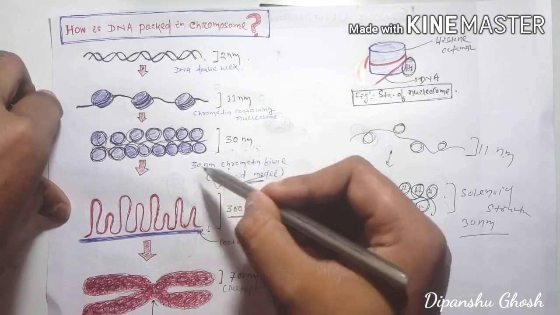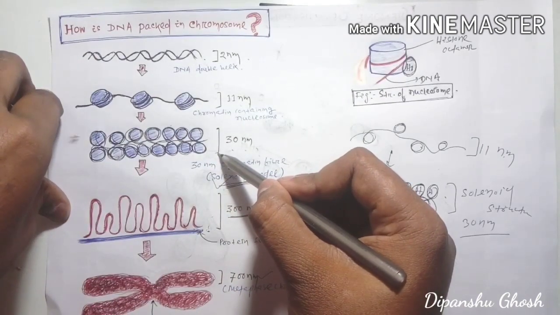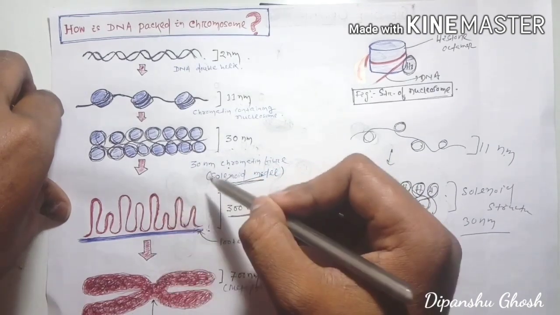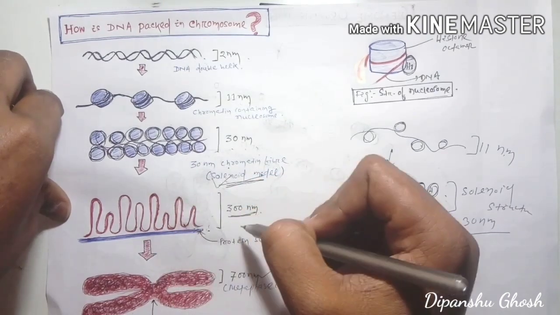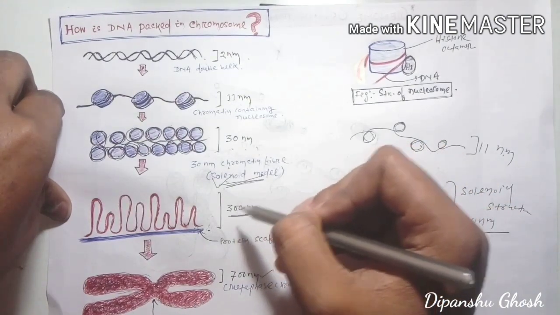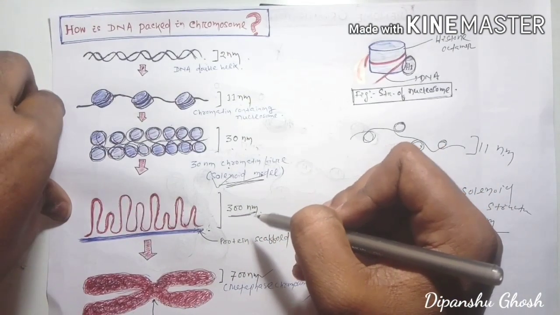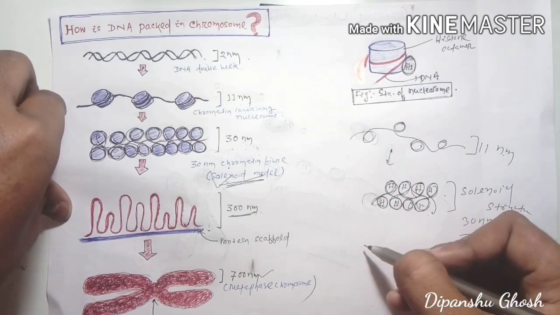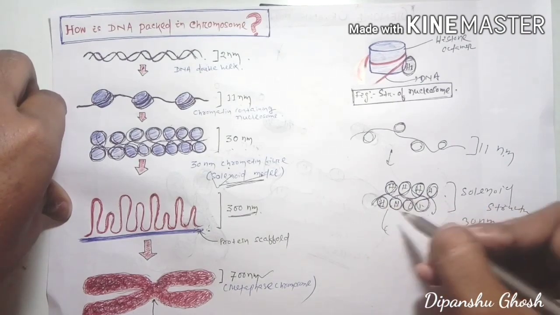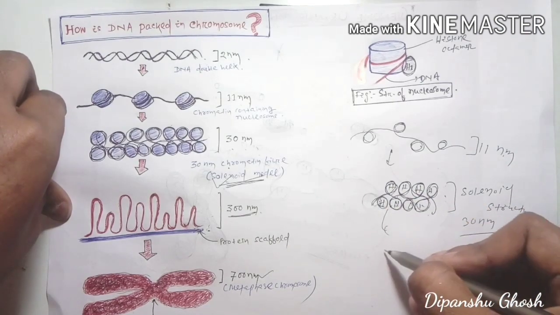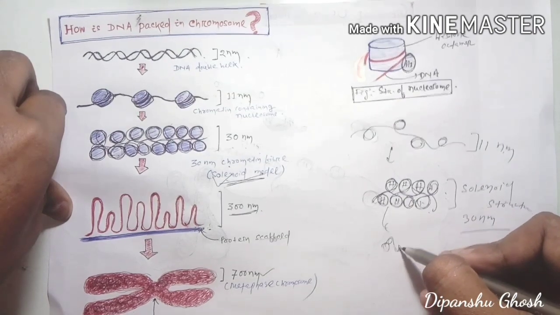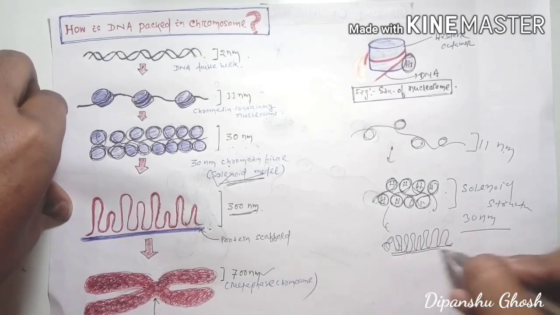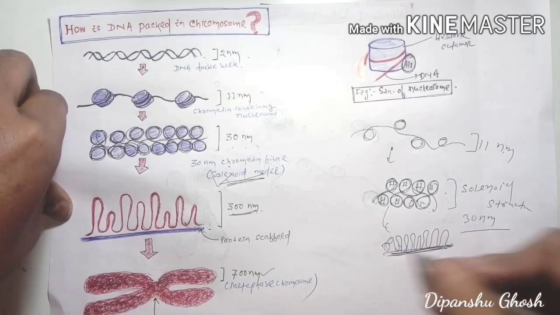In the next stage, this 30 nanometer chromatin fiber, or what we say your solenoid model, will be further condensed to form your 300 nanometer chromatin fiber. That means this solenoid model will be further coiled like this, but this time they will be attached by a protein over here.